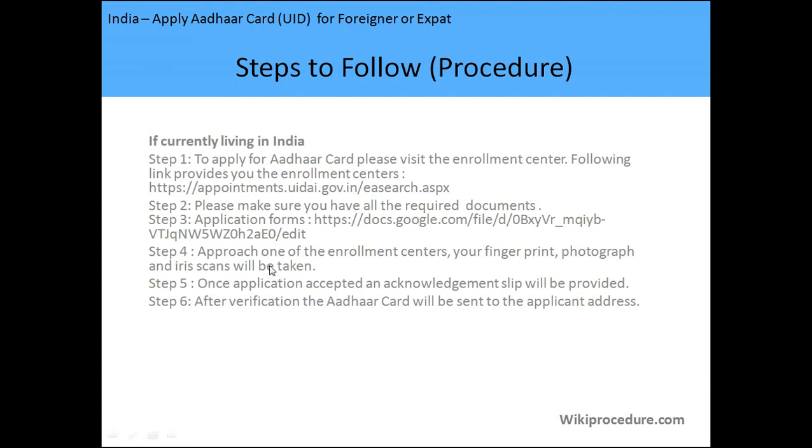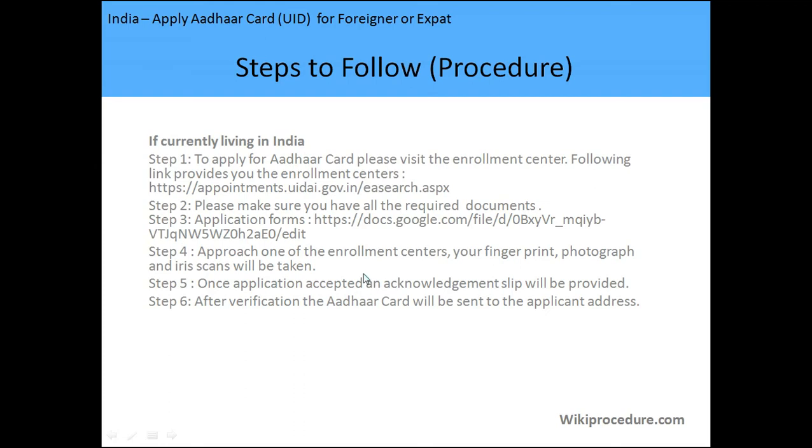Once you are in the enrollment center with your application form and the documents, you submit them to the authorities when you're called in, and your fingerprints, photograph and iris scans will be taken. Iris scan is the scanning of your eyes.